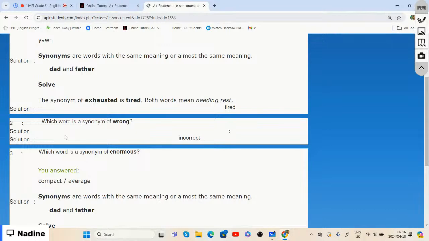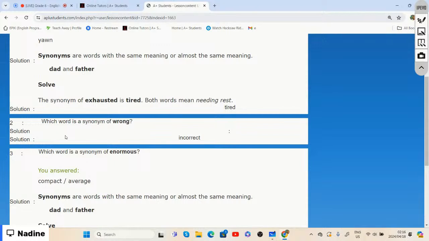All right. And if we were to find the synonym of wrong, then we can say, oh, that is incorrect. So another word for wrong is incorrect. Something is incorrect, it means that it is wrong.